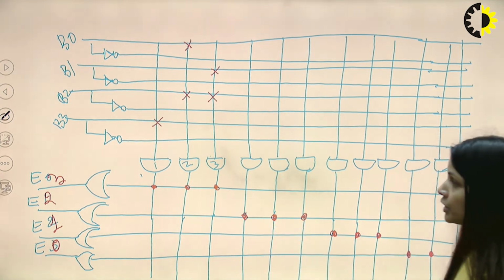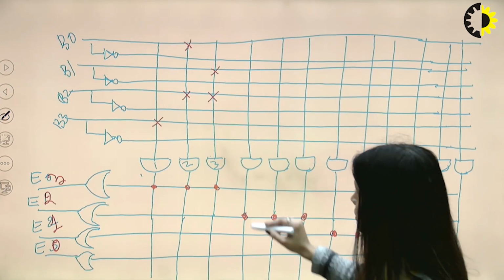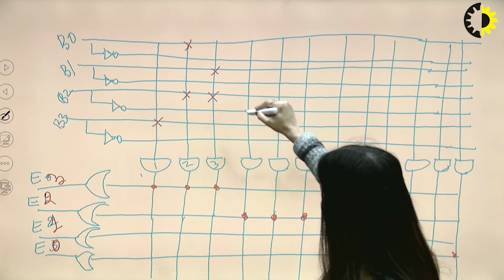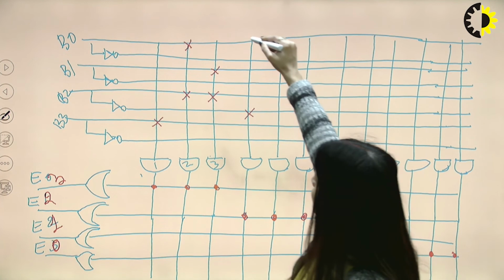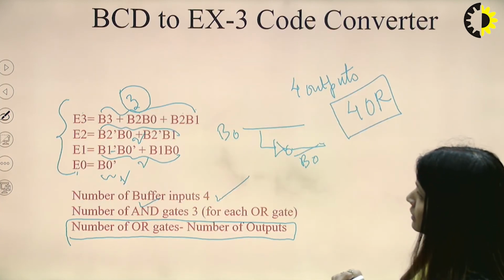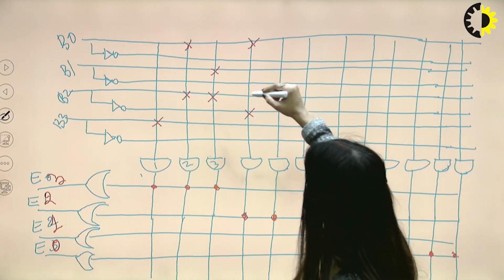Now coming to E2, similarly we will write B2 bar B0, B2 bar, B0, and B2 bar B1.